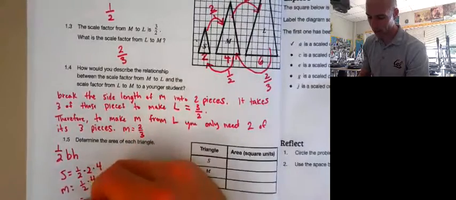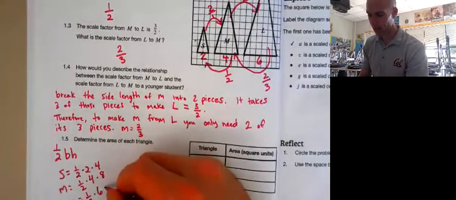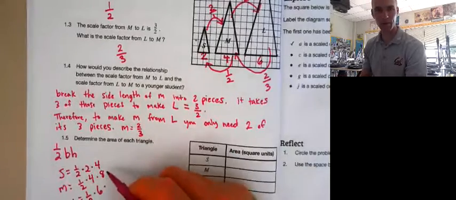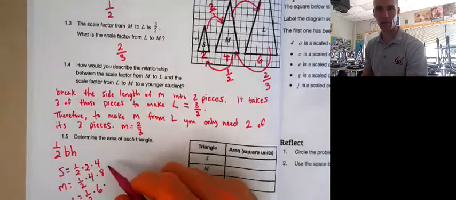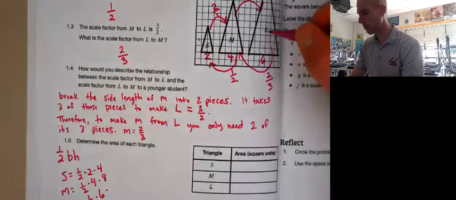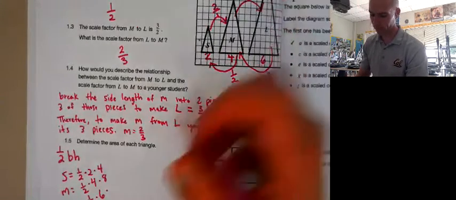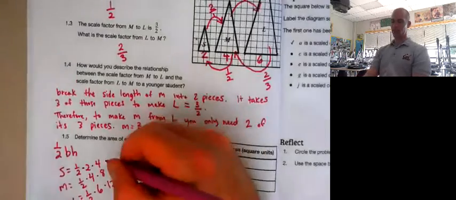And L is going to be 1/2 times 6 times, I'm pretty sure this is going to be 12, because the scale factor is 3 halves, and 3 halves of 8 is 12. But let's make sure. 1, 2, 3, 4, 5, 6, 8, 9, 10, 11, 12. Yep. All right, so we just got to calculate these.